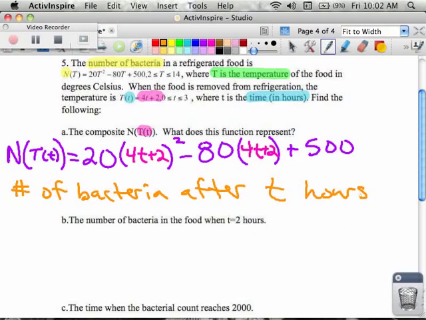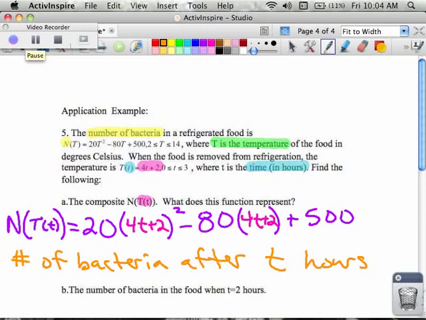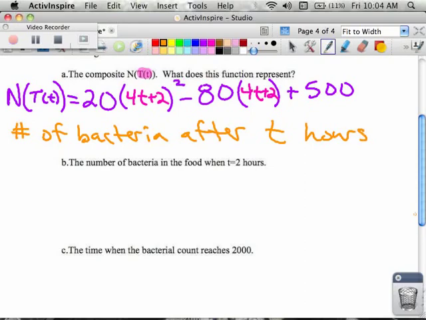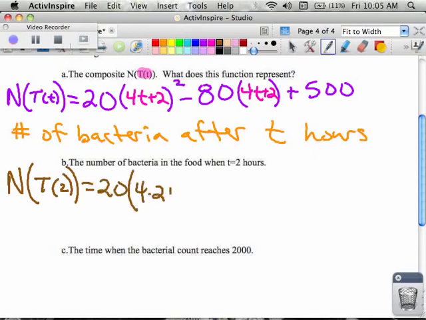Joe. What are the inequalities? So as we plug in the number 2 for hours, what I would be writing down is N of T of 2 would be equal to 20 times 4 times 2 plus 2 squared minus 80 times 4 times 2 plus 2 plus 500.